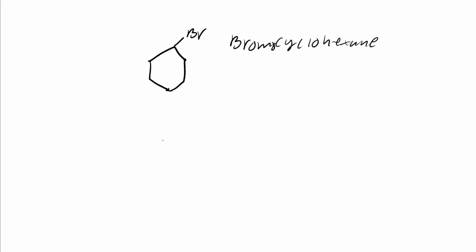And it doesn't matter if it's drawn like this. It's still going to be bromocyclohexane, because if you were to take this molecule and rotate it, then the bromine would actually be over here. Everything else rotates with it, so it would still be bromocyclohexane.